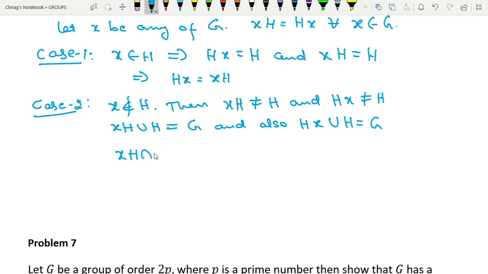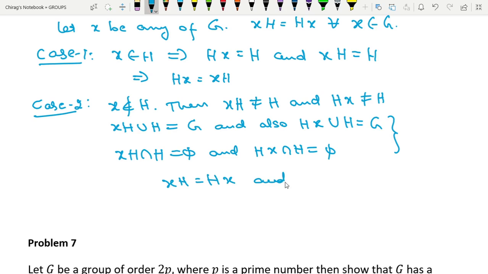XH intersection H will be equal to empty, and HX intersection H is also empty. So therefore, from these, it is clear that XH is equal to HX, and hence H is normal in G.